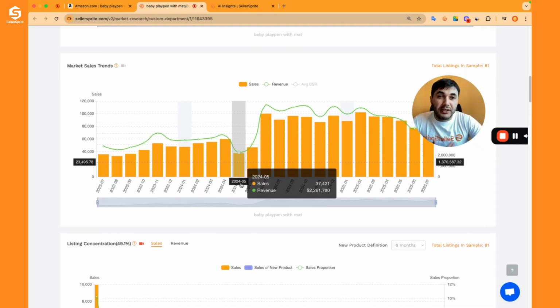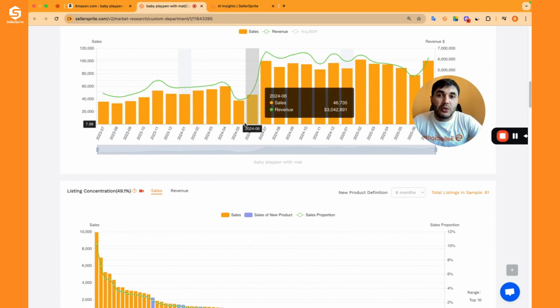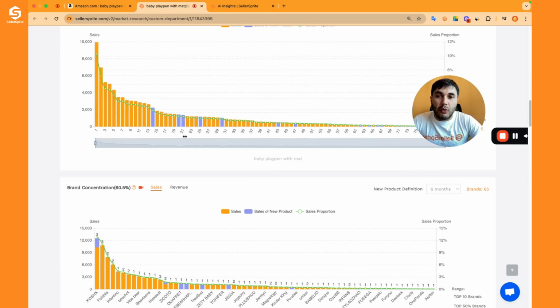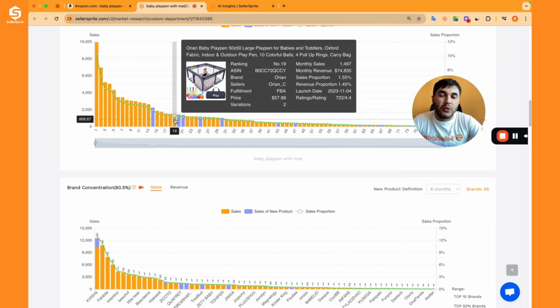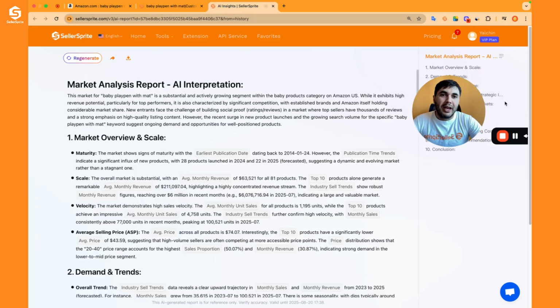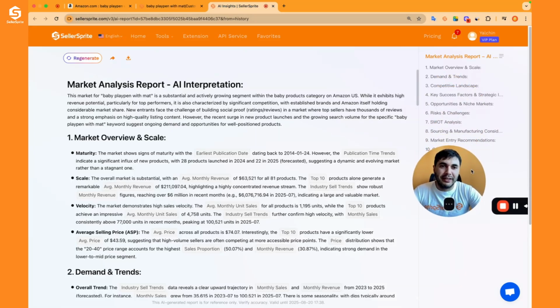It understands how the sales were in May 2024, whether the product launched new or in 2023, how it performed over time, and what the product's FBA fee, price, and variations were, and how they went up and down over different time frames. We are going to analyze all of them with AI, and now the report has been created.